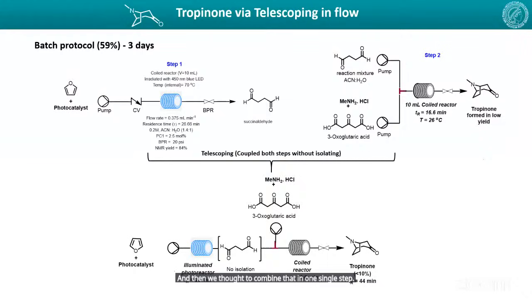You can see at the bottom, we were able to do the photohydrolysis, and directly we connect the next starting materials, which are methylamine and 3-oxoglutaric acid, and we were able to get the tropinone in not great, but less than 10% yield. So this process still needs to be optimized in order to get an improved result.